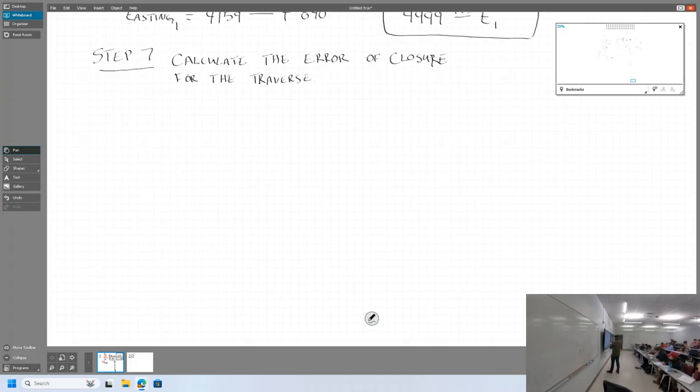So again, the A part is pretty simple. We need to calculate the length of the traverse perimeter. Someone's got a calculator, they can do it for me real quick.